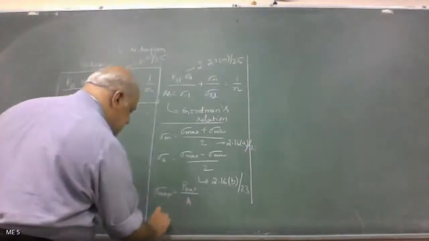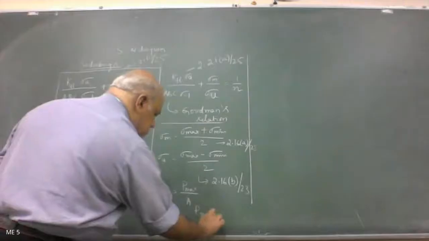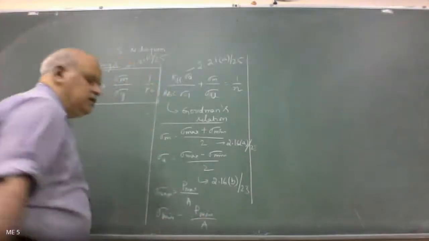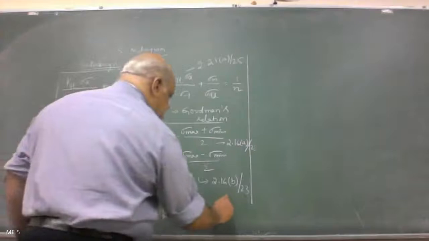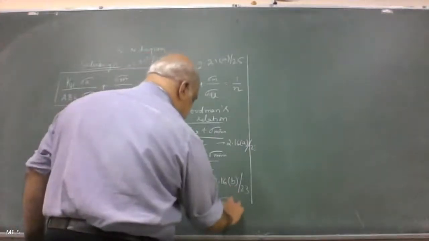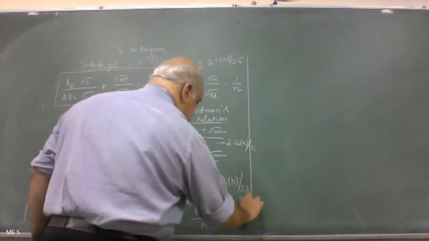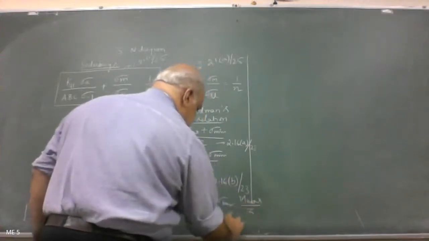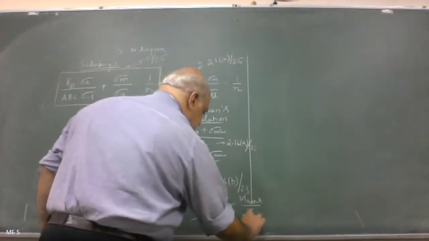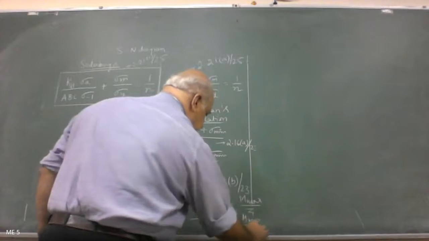Similarly, how do we get minimum stress? P minimum divided by area. Similarly, if it is bending, sigma max will be equal to maximum bending moment divided by section modulus. Sigma minimum is equal to minimum bending moment divided by section modulus.